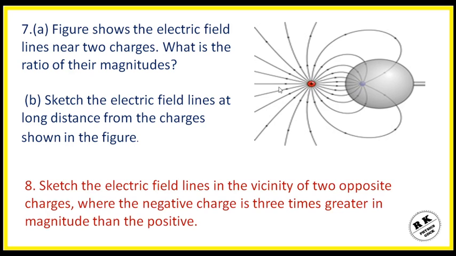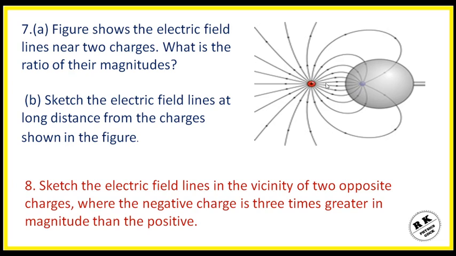Next question: sketch the electric field lines in the vicinity of two opposite charges where the negative charge is 3 times greater than the positive charge. Now here what we notice is positive charge is stronger, negative charge is weaker.